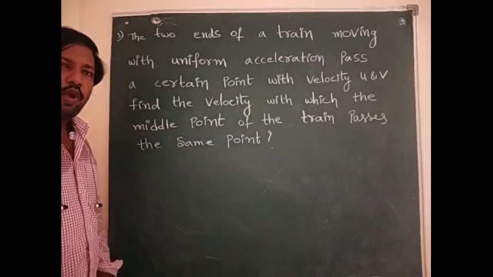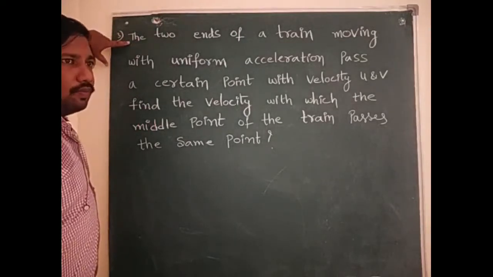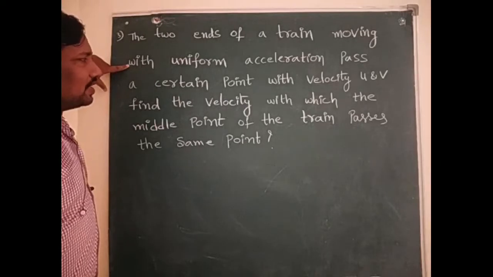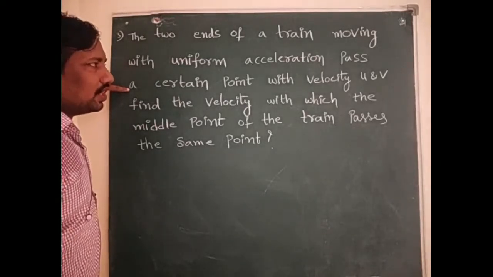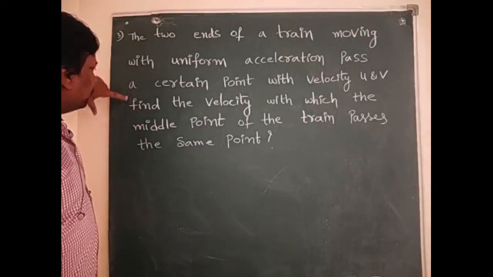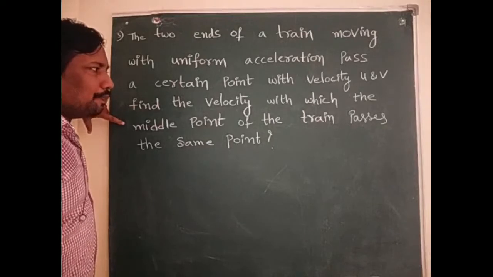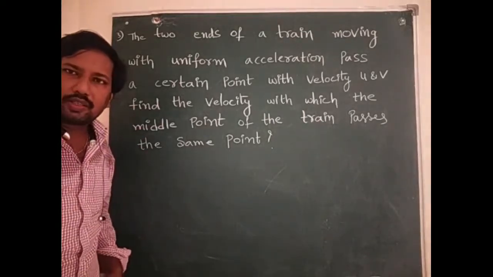Okay, problem number 3. The two ends of a train moving with uniform acceleration pass a certain point with velocities u and v. Find the velocity with which the middle point of the train passes the same point.